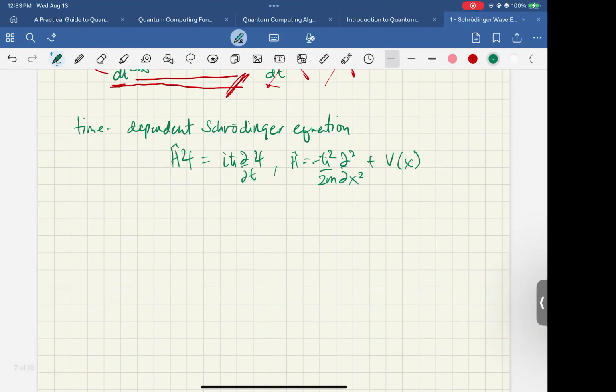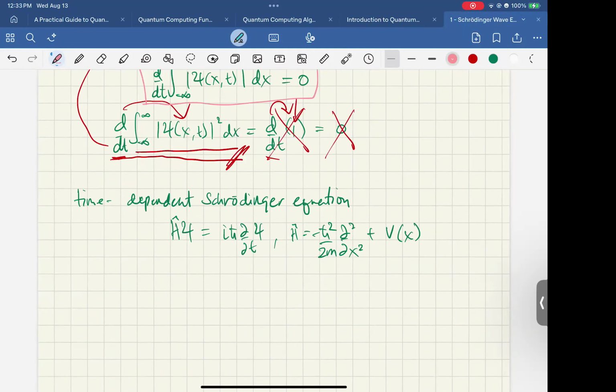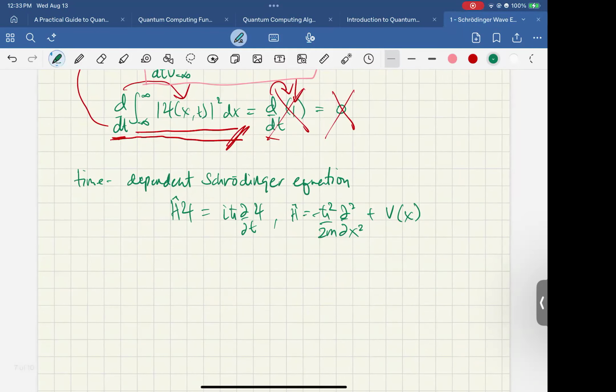So the next is to use this equation. So the derivative of the normalization condition dx can then be written as integral from negative infinity to infinity ng partial derivative with respect to time ng psi of x,t squared dx.